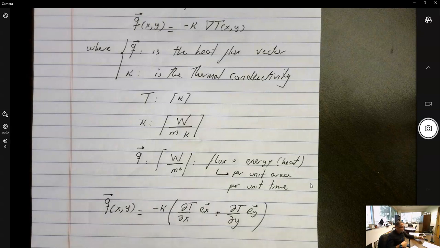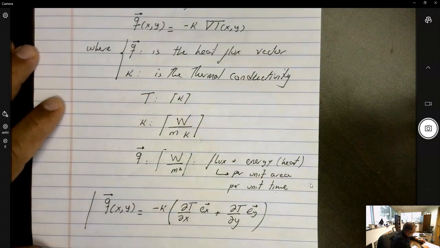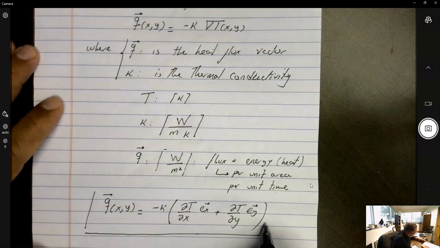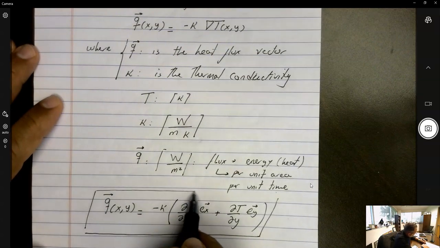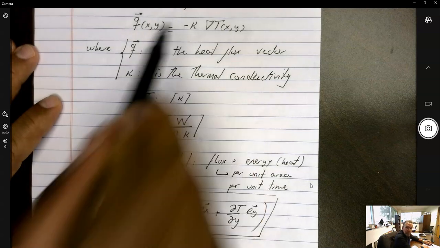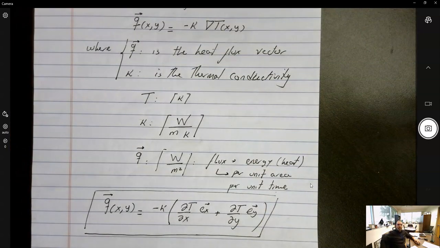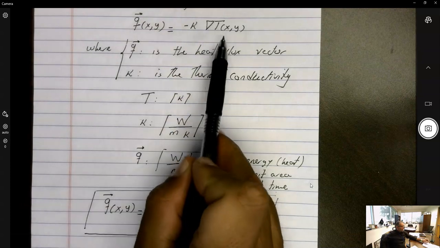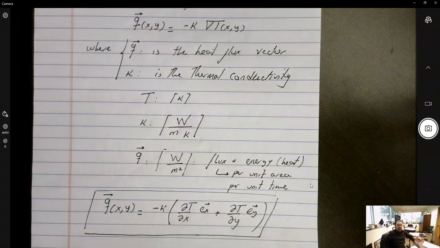No big deal. Now the last thing to comment on here is why there's a minus sign in the middle. Well, if you think about this carefully, you'll notice that it would be the only way to ensure that the energy flows from high temperatures to low temperatures, which is nothing but a convention.